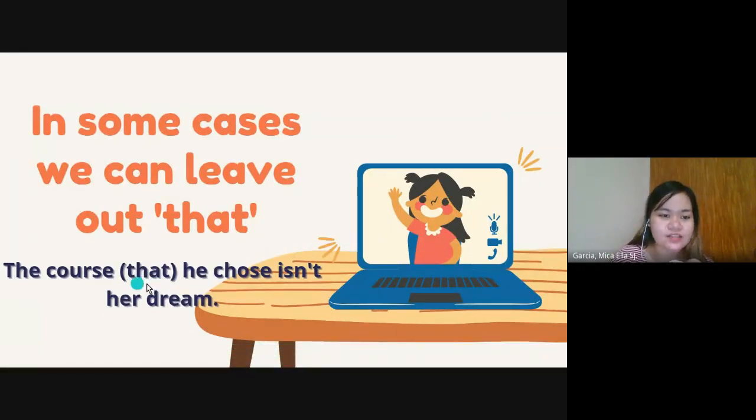But it is stated here that in some cases we can leave out that, or we can omit the word that. Let's try to omit the word that. Yes, Anne, can you restate the sentence without using the word that?